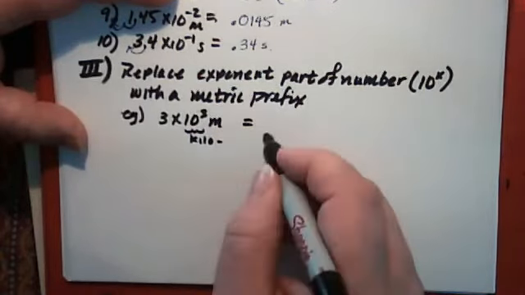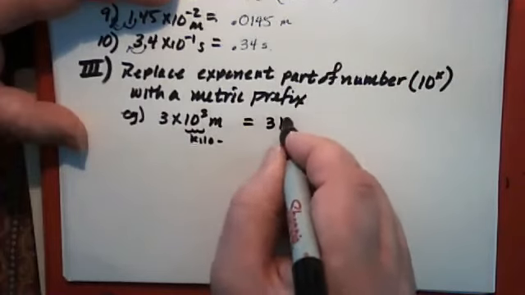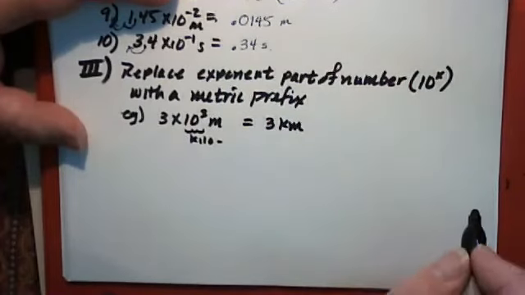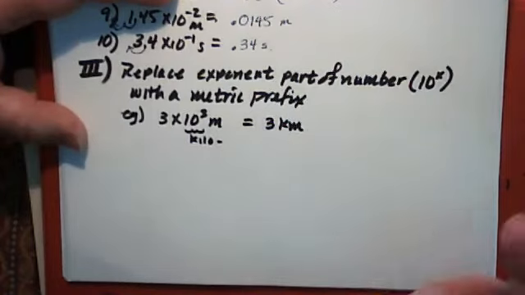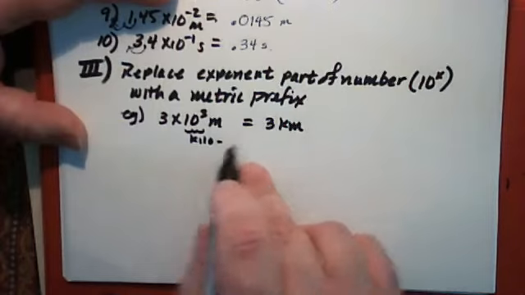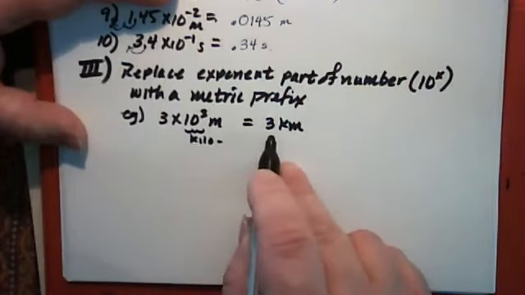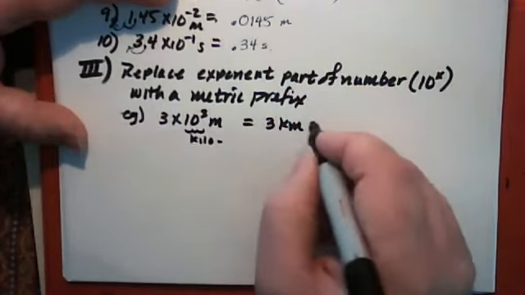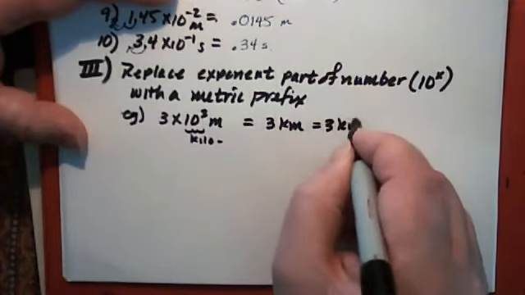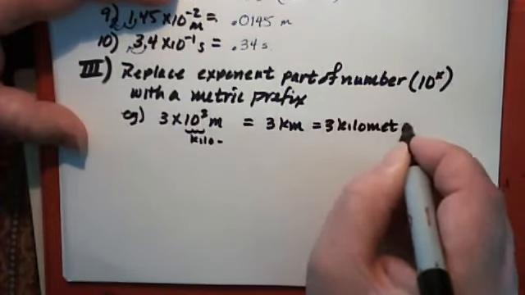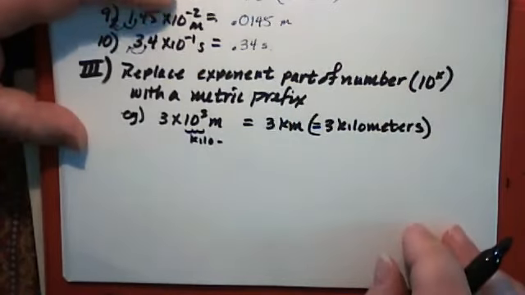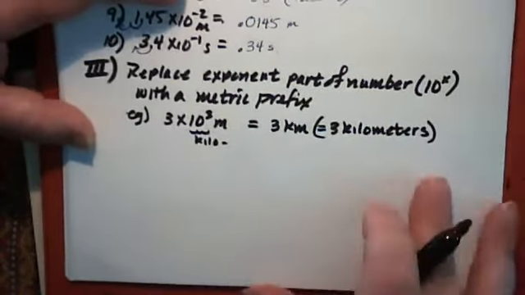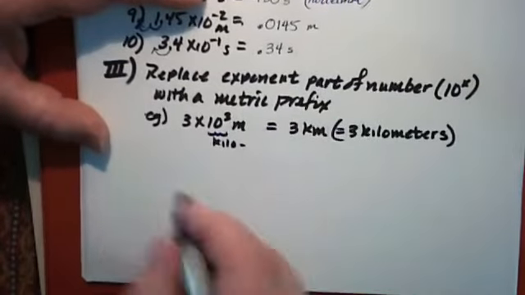So replace that with kilo, and we have 3 kilometers. You can use the abbreviation k for kilo, and the abbreviations for the other prefixes too. So 3 times 10 to the third meters would be equivalent to 3 km, which is 3 kilometers. So that's the kind of thing we're doing for the rest of these examples here.